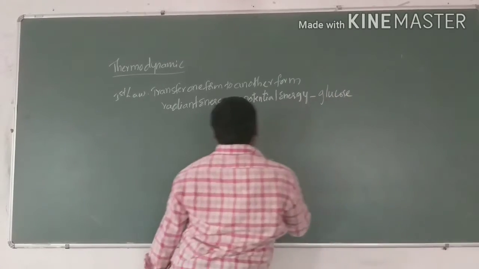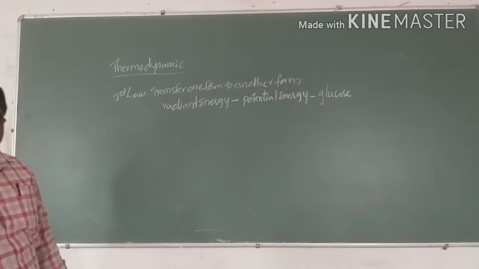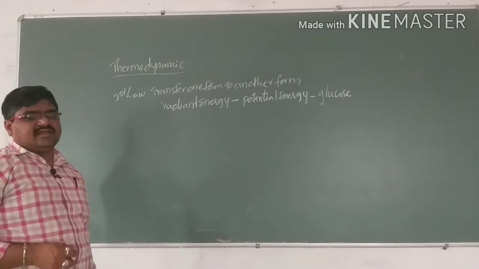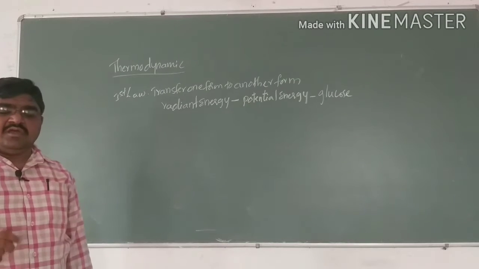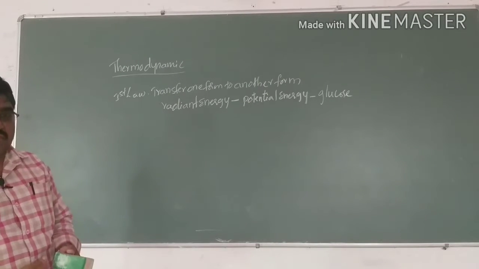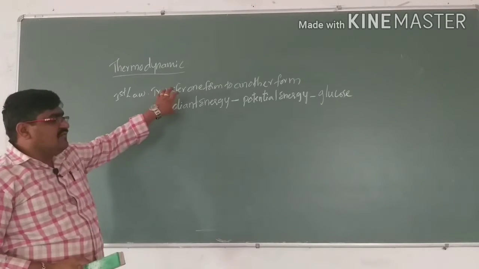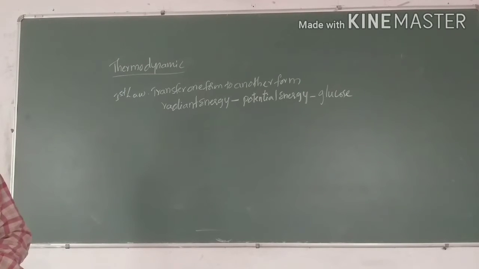The plants that prepare food take simple inorganic substances, carbon dioxide and water, along with sunlight and, in the presence of chlorophyll pigments, prepare their whole food material by the process of photosynthesis, where radiant energy is converted into potential energy.